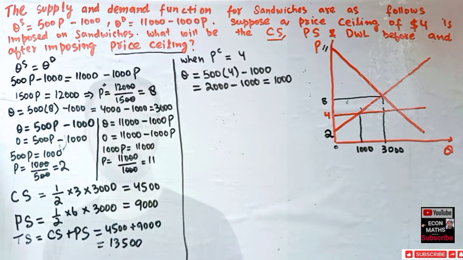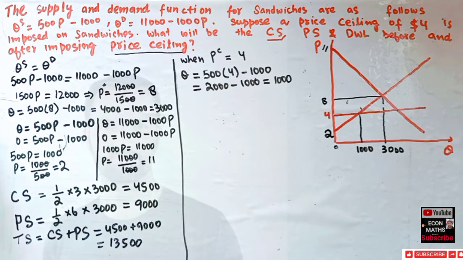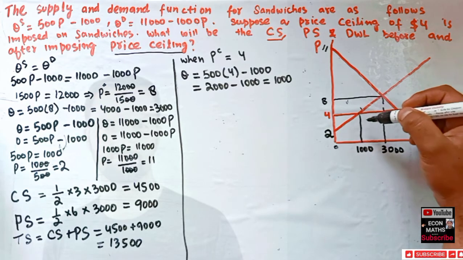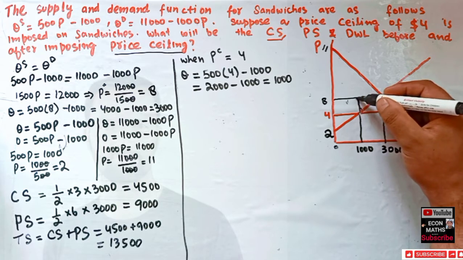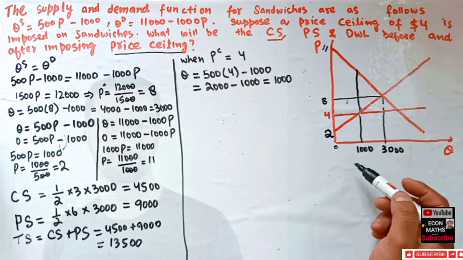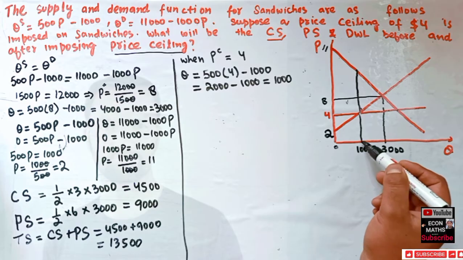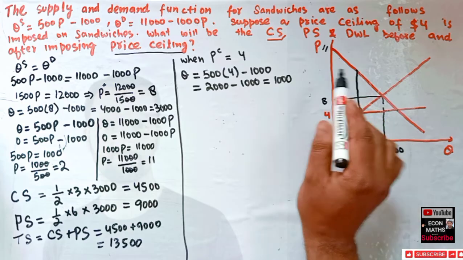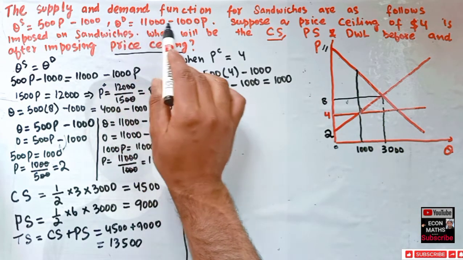Now what would be the corresponding price when quantity is 1000? At quantity 1000, what would be our price in the demand function? So we just plug Q equal to 1000 into our demand function.